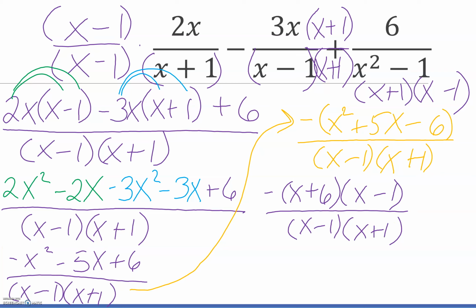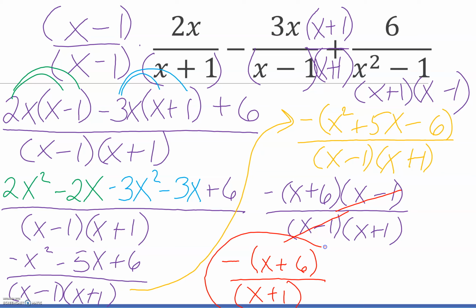Since they both have an x minus 1 in common, I can factor that x minus 1 out of the numerator and denominator. That leaves me with the quantity negative times the quantity x plus 6 over x plus 1. And the x plus 1 you can put in parentheses or not. It's your choice. I'll go ahead and put the parentheses in there. So that's our final answer.